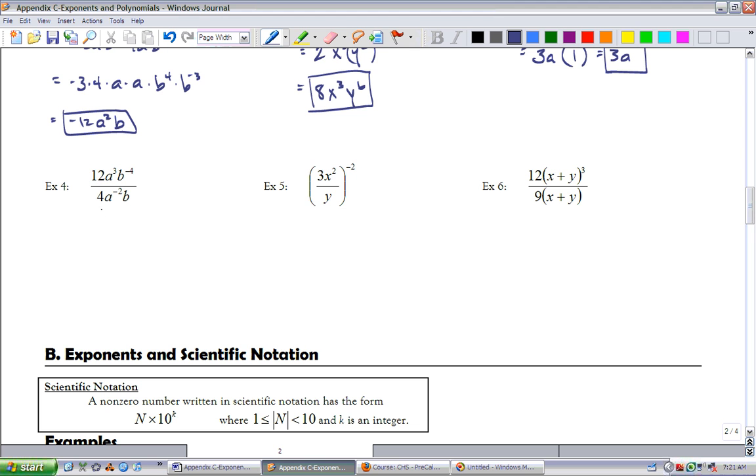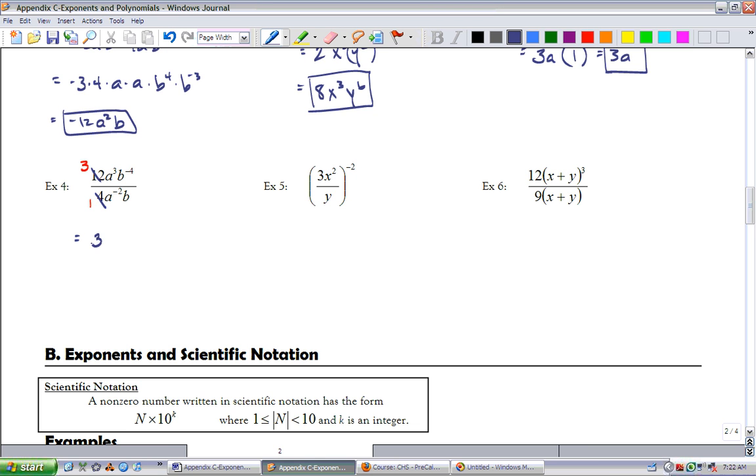Now here, this is a fraction, and we can go about this by reducing. If you notice, 12 and 4 will reduce. Just 4 divides evenly into 12, so we get 3 over 1 here. We'll have that. And then let's subtract these.